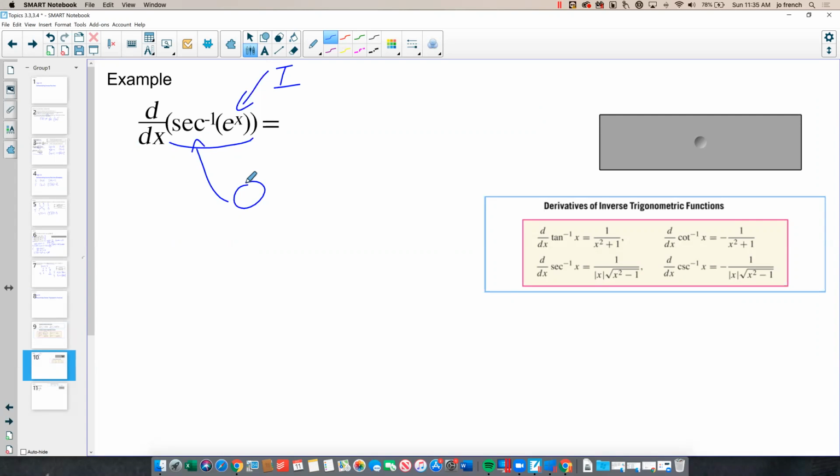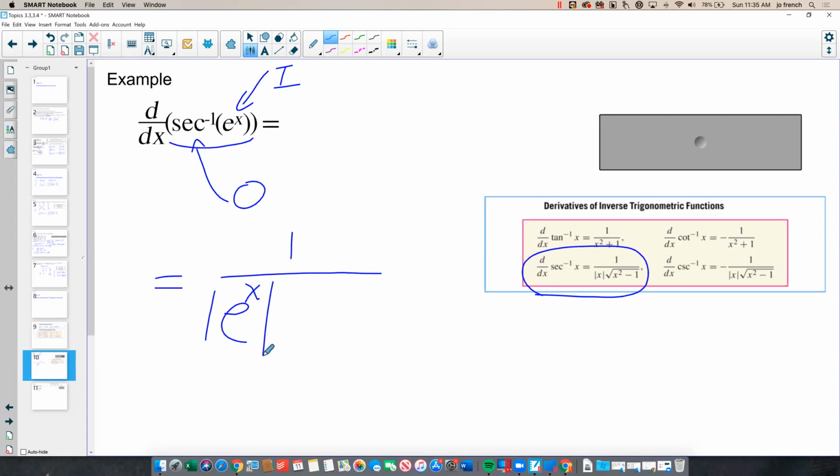So I will take the derivative of the inverse secant according to my table over here, where x is now the inside function, e to the x. So my derivative will be a fraction, 1 over the absolute value of x, but x is my inside function, so e to the x.